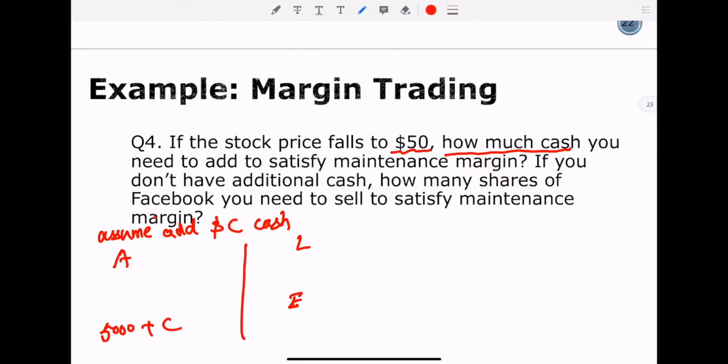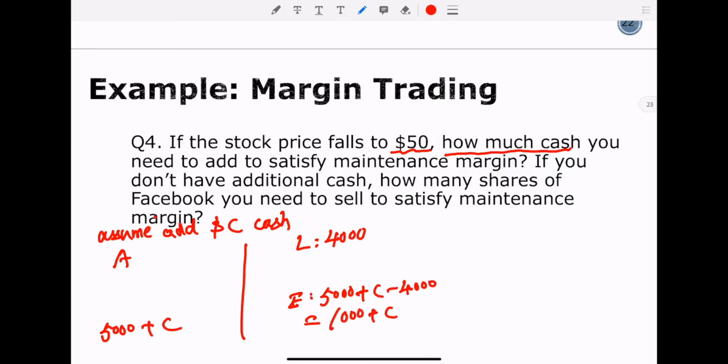And what is your liability? Well, your liability is just your debt, obviously. So in this case, it's still $4,000. Now your equity becomes 5,000 plus C minus 4,000, which is 1,000 plus C here.